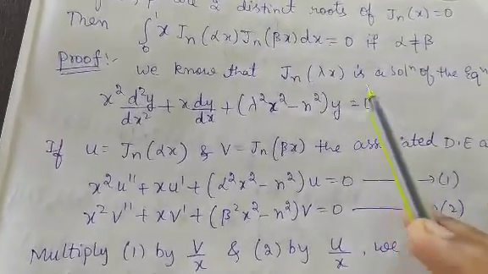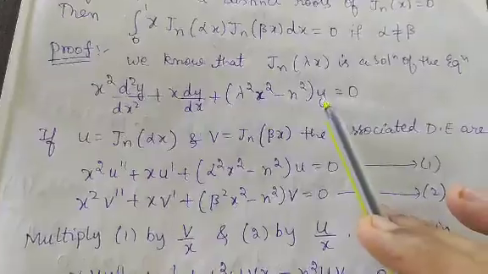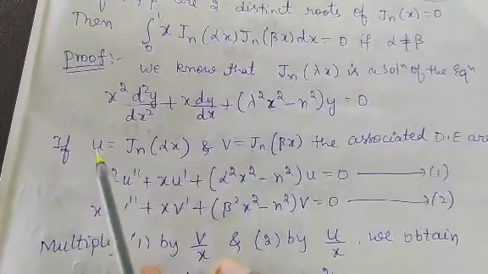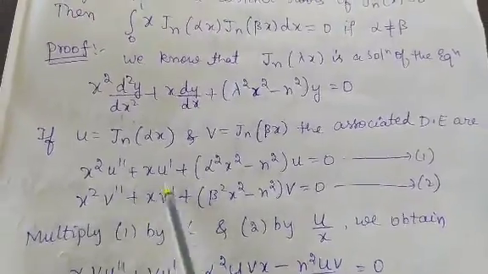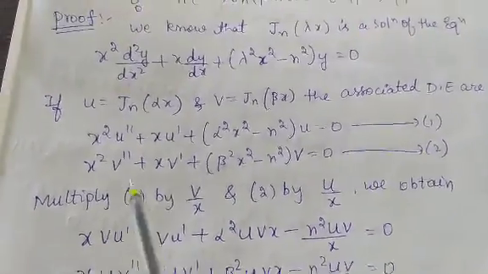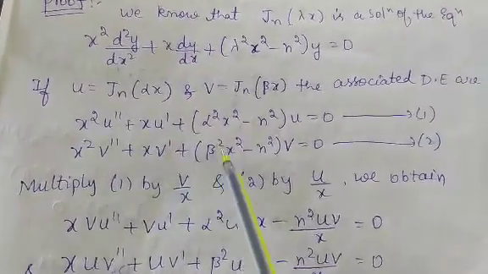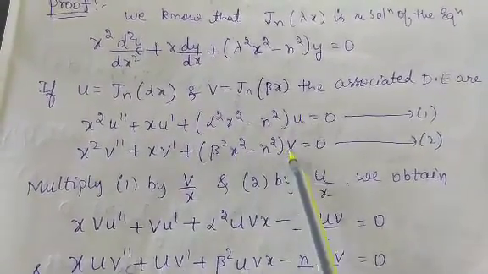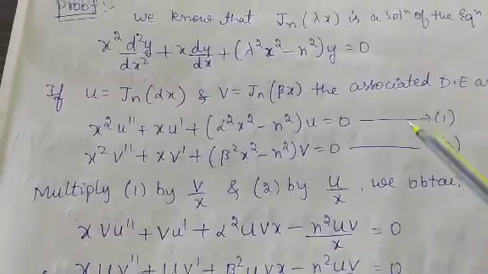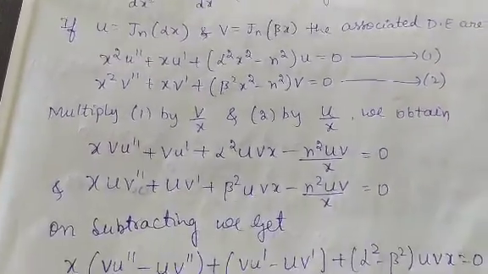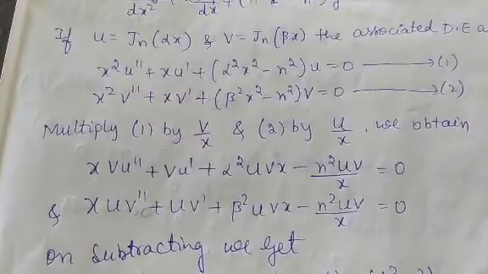This is the general Bessel equation in terms of y; now I am writing it in terms of the two variables u and v. In the same way for v: x squared v double dash plus x v dash plus (beta squared x squared minus n squared) times v equals 0. These are two differential equations, in terms of u and in terms of v. Call this equation 1 and this equation 2.